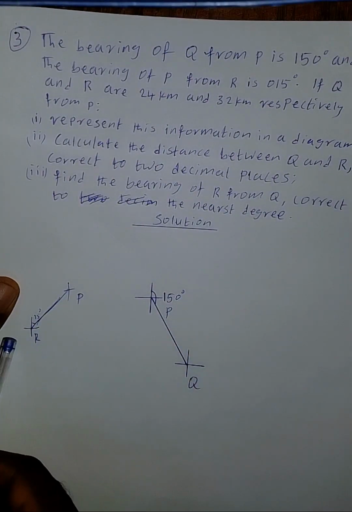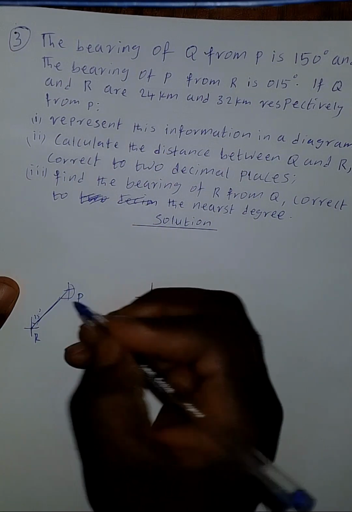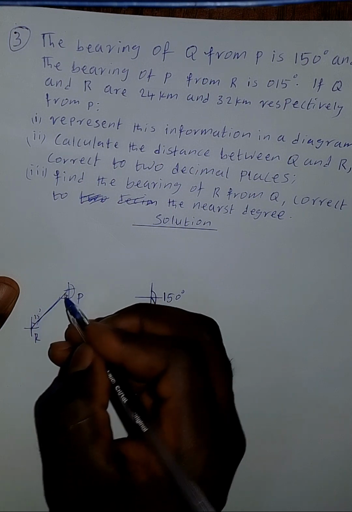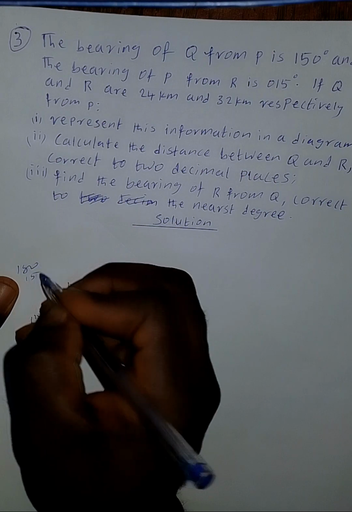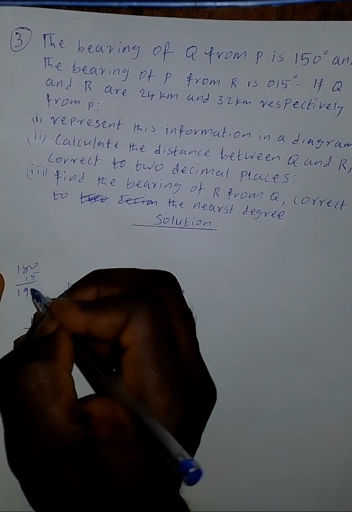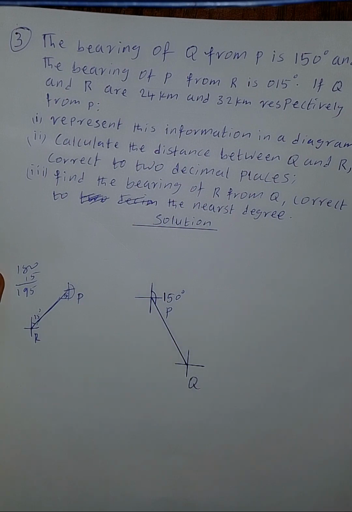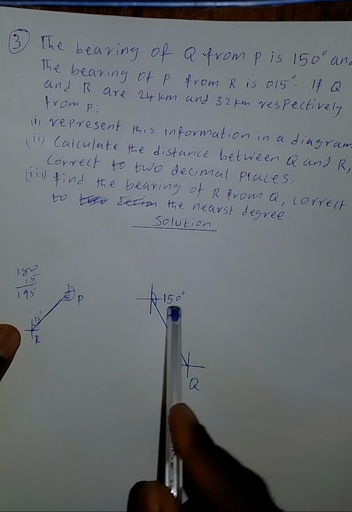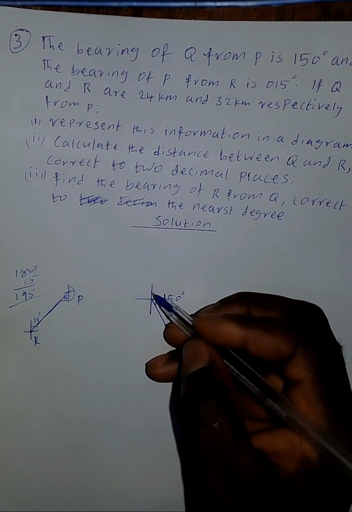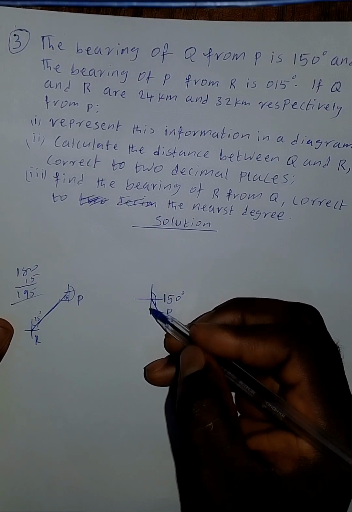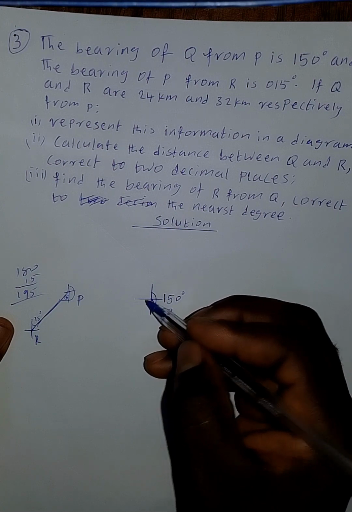That means if I'm to take the bearing of R from P, I'll turn right like this, knowing that this is 15 degrees. 15 plus 180 would be 195 degrees. Therefore, that point R from P would be 195 degrees. So taking 180, this plus another 90 is 270, so it's less than that.